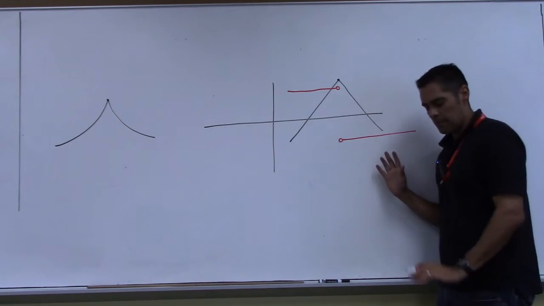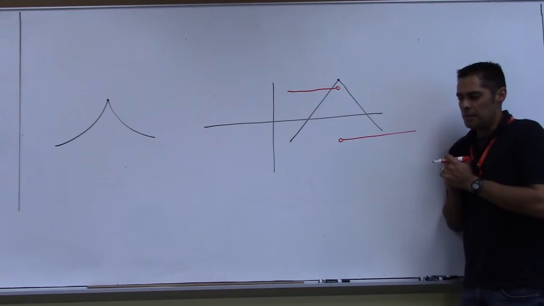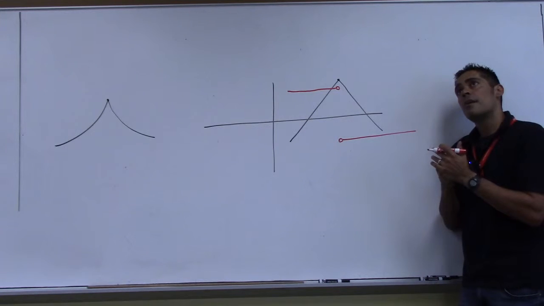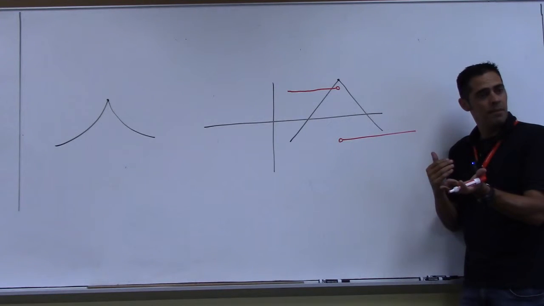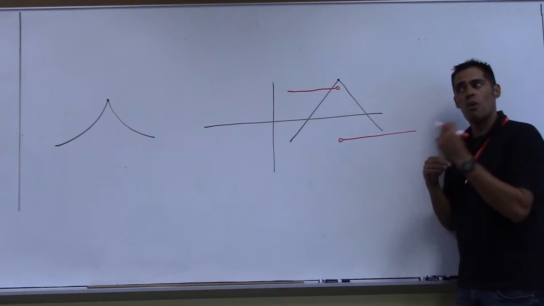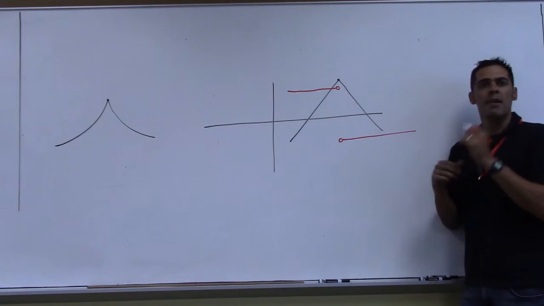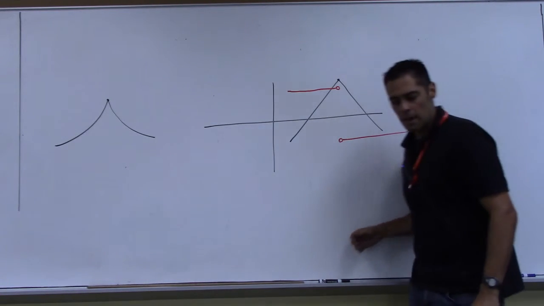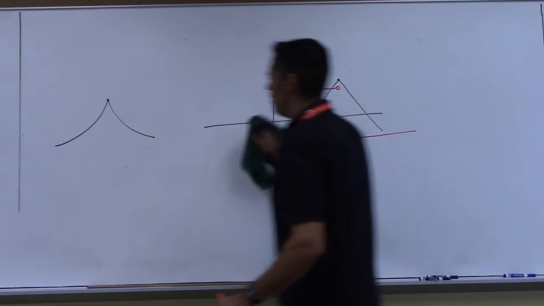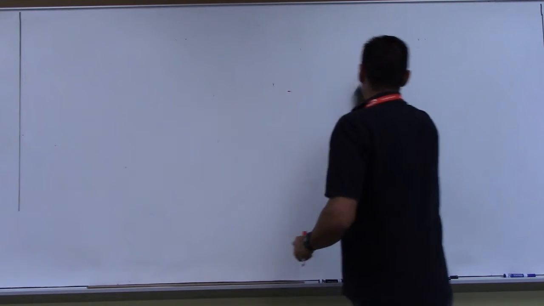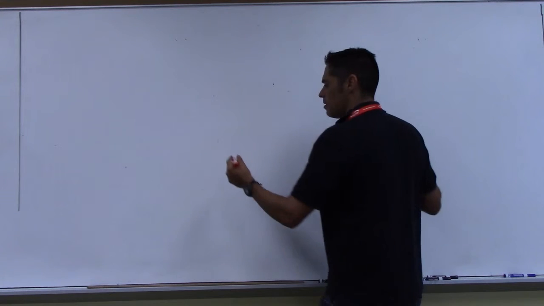I don't know how long they were attacking this, but these mathematicians were like, I wonder if there is a function that is continuous but nowhere differentiable, which means that you can draw it without picking up your pencil, but nowhere can you take the derivative. And it took a long time, but they found one. It's called the Weierstrass function, and it looks like this.